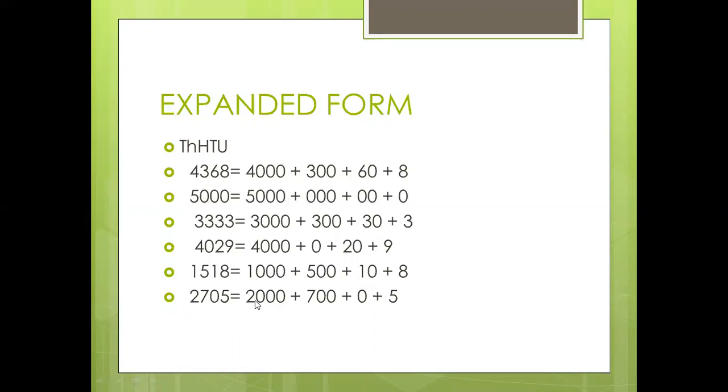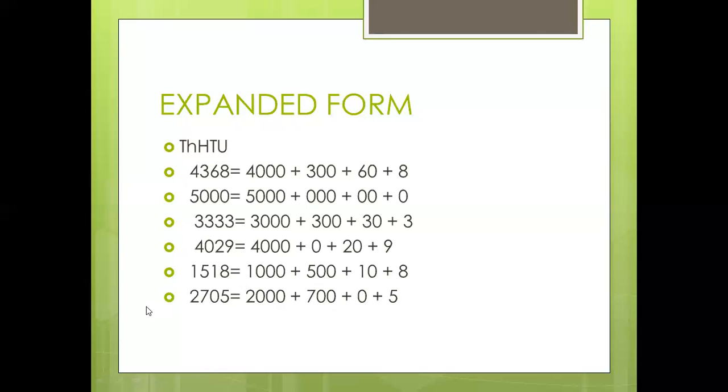The last number for this exercise, 2,705. 2 is in the thousands place, so I write it as 2,000. I put a plus sign. 7 is in the hundreds place, so I write plus 700. I put a plus sign again. 0 in the tens place, I write it as 0. Then I put a plus sign again, and 5 in the units place, so I write it as 5.